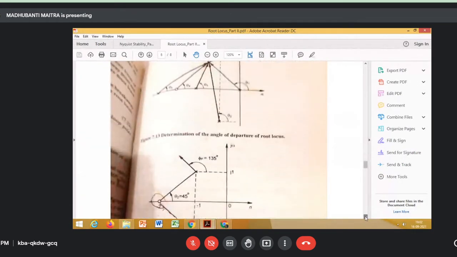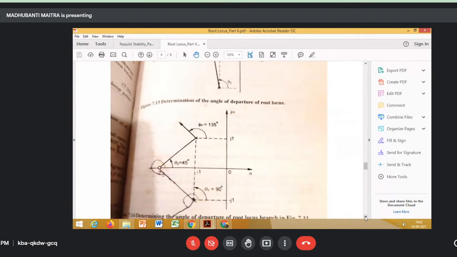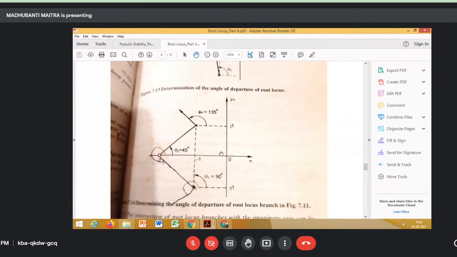So let's now consider the open loop pole zero configuration of a given system like this. So two complex conjugate open loop poles and one single zero, right?